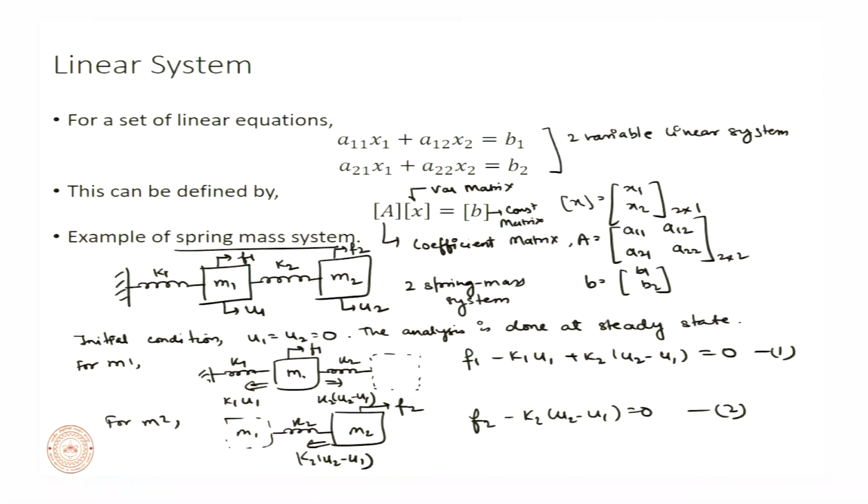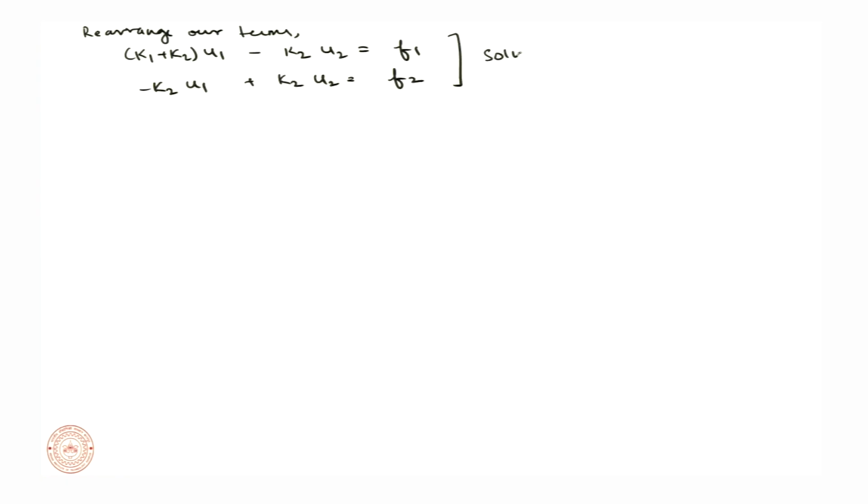So, we can rearrange our terms and we can come up with the expression that (K1 plus K2) times U1 minus K2 times U2 equals to F1 and minus K2 times U1 plus K2 times U2 is equal to F2. Okay. So, this is what we are solving for, solving for U1 and U2.